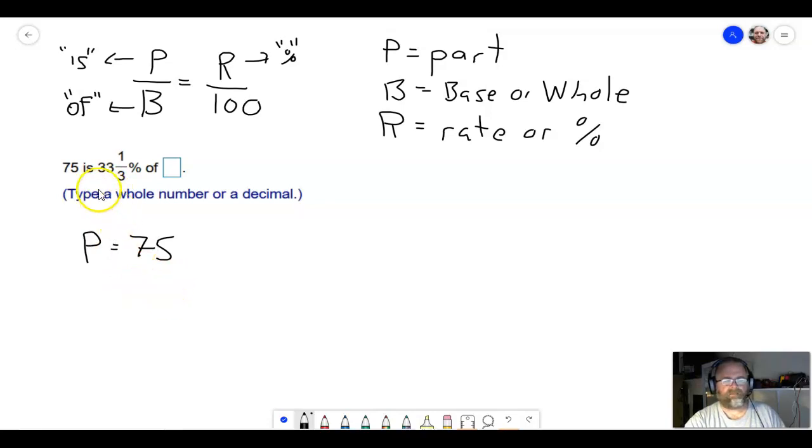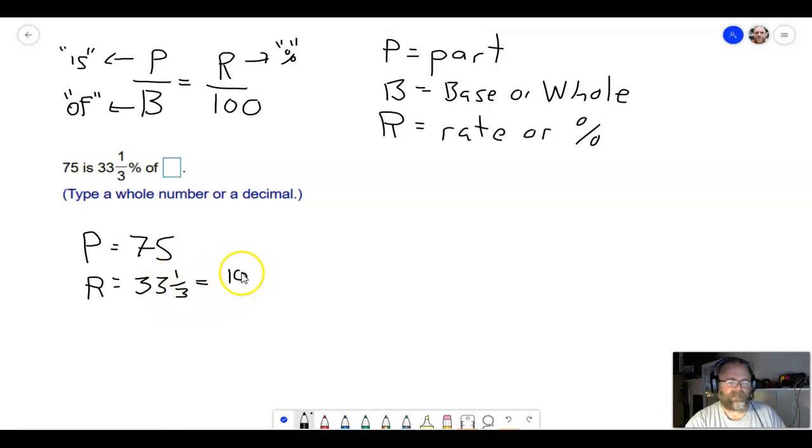But what I am going to do is turn it into an improper fraction. And I sent out a video on that earlier, but this is how we're going to handle this one. The 33 1/3%, we know that's the percent, so that's our R. To write 33 1/3 as an improper fraction, you take the whole 33 times the base here, so that's going to be 99, plus the top of the fraction, which is 99 plus 1 is 100, and you're going to put that over the bottom of the fraction.